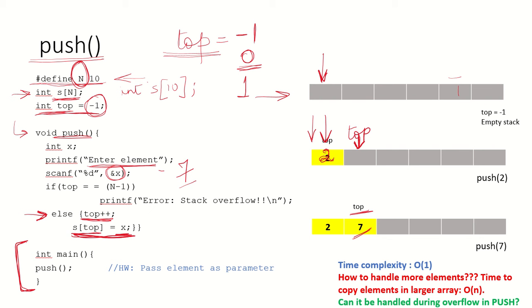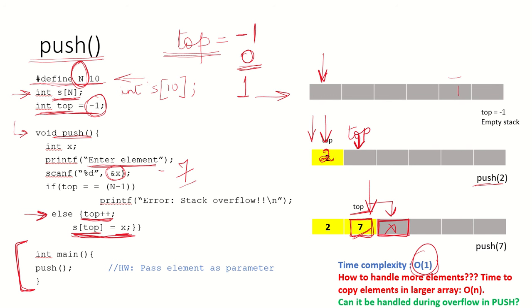So this top is now pointing to the next index, and the value 7 can be inserted in this new space. So as and when we do a push operation, the top will have to be incremented to point to the next available space, and the new element can be added over there. The complexity of pushing an element in the stack is order of 1, since this is going to take constant time.